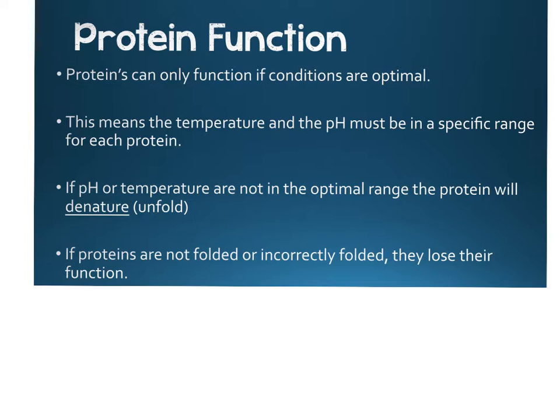This is why your body needs to stay at a certain temperature all the time, because the enzymes and other proteins that do all those jobs have to function at the temperature your body is at and the pH of the different parts of your body. For instance, the proteins that break down food in your stomach only work at that very low pH because of the stomach acid. If you took the proteins out of your stomach and put them somewhere else where the pH wasn't that low, they're not going to function right.